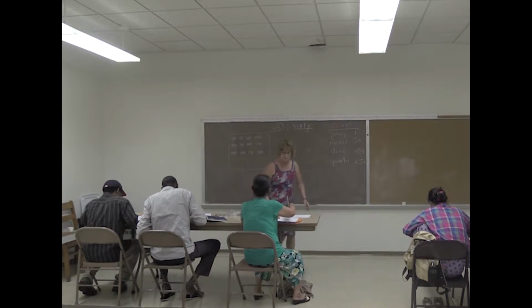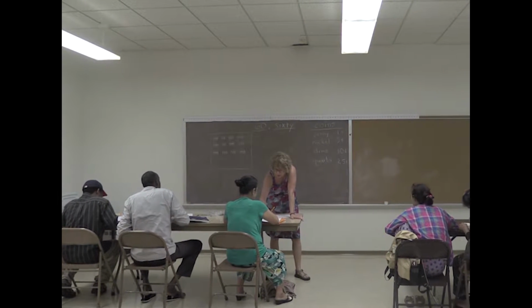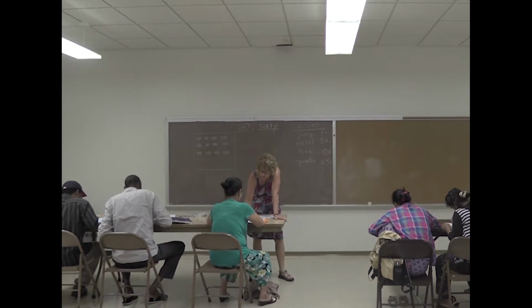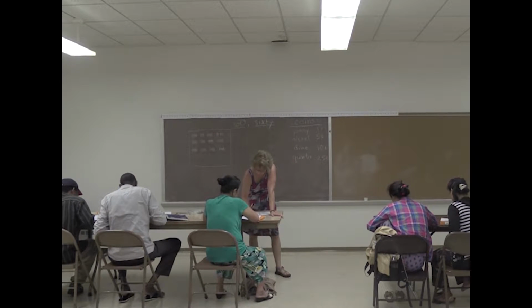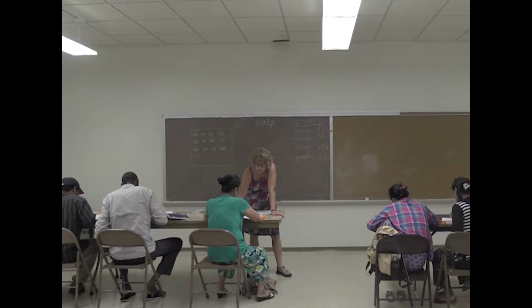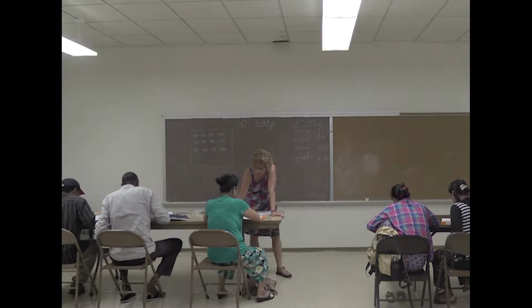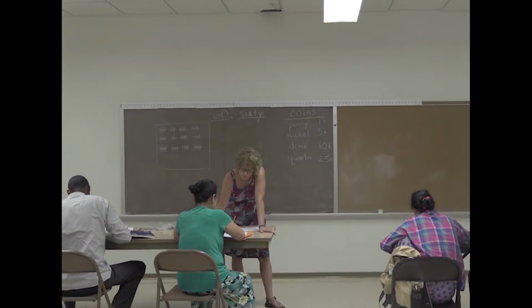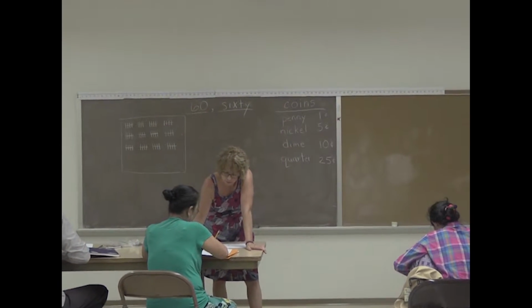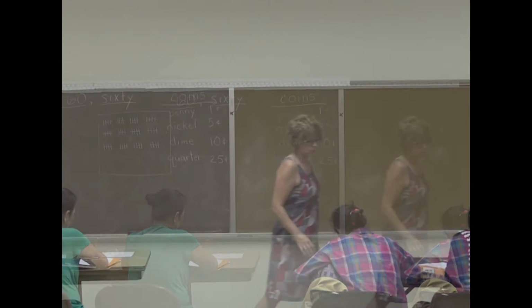When you have, yeah, so you have 5, 10, 15, now 16, 17, 18, 19, 20, 21, 22, 23, 24, 25, 26, 27, 28, 29, 30, 31, 32, 33, 34, 35. Perfect. 36, 37, 38, 39.